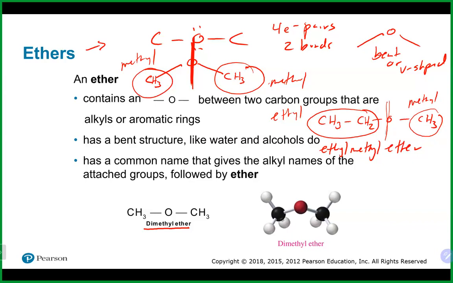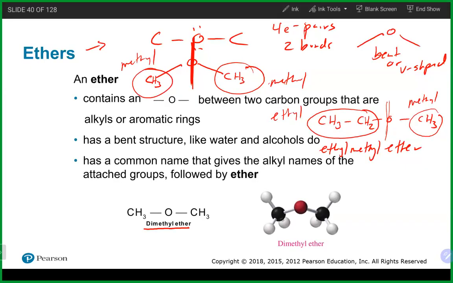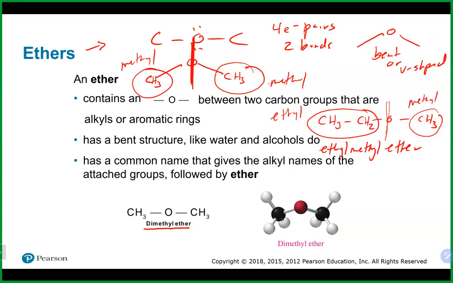Now, in terms of the IUPAC way of naming, which we won't do in here, but just to show you how you technically would name it, we would take the smaller part there and we would drop the yl off of the name and add oxy to it. And that would be methoxy.